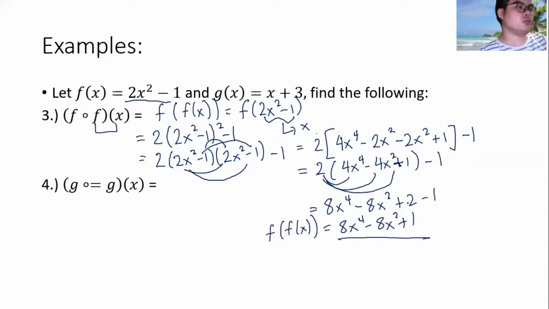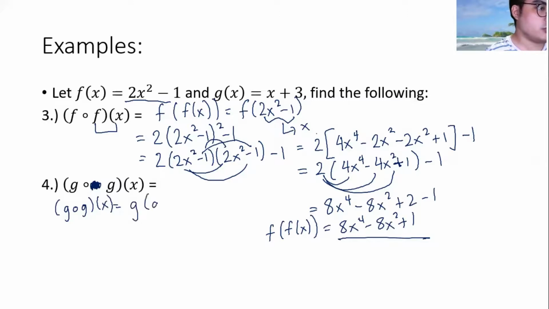Okay, so my apologies regarding this. This is just a typo error. Okay, so this is of g of x. What we are going to do here is, your g of x is x plus 3, since this is your new independent variable. So you're going to use this function.